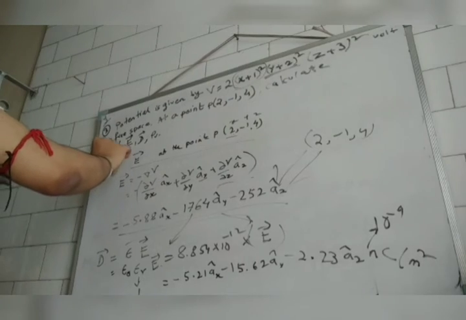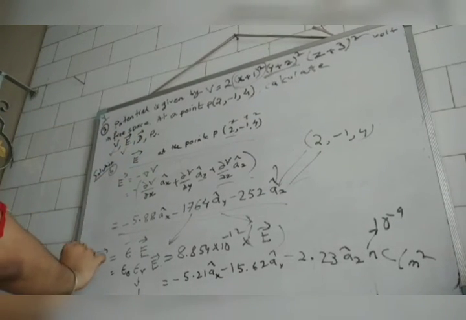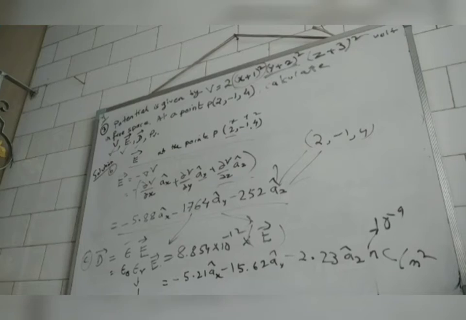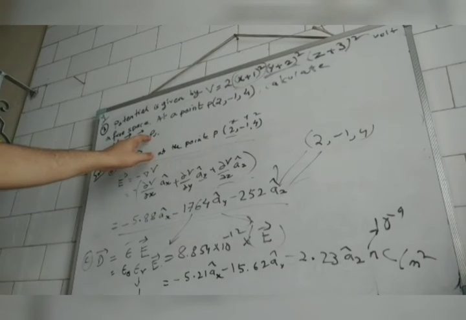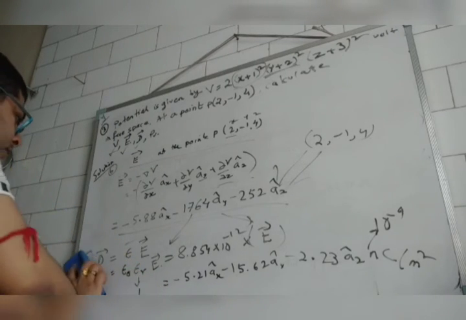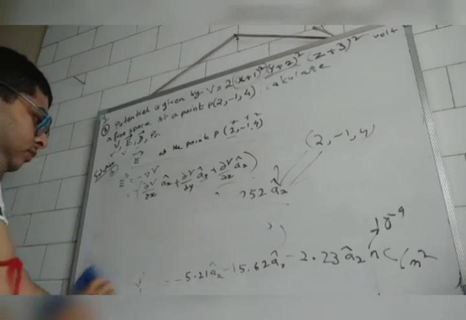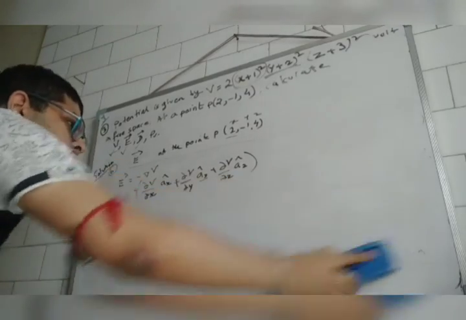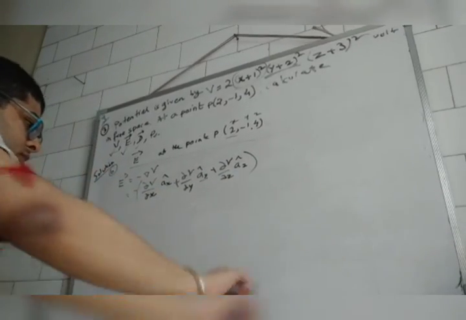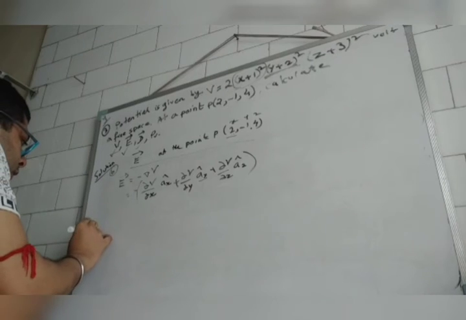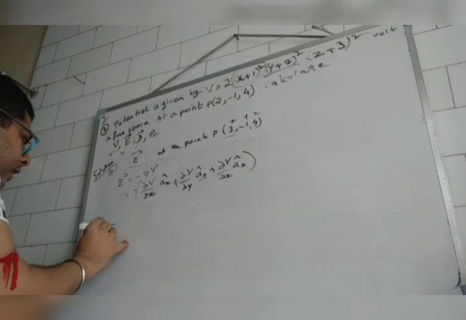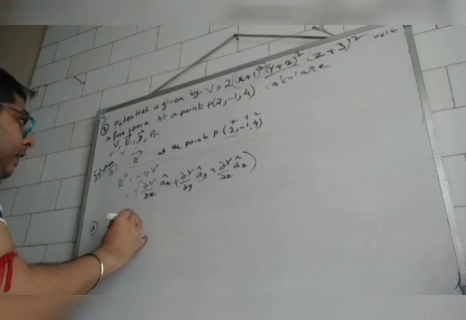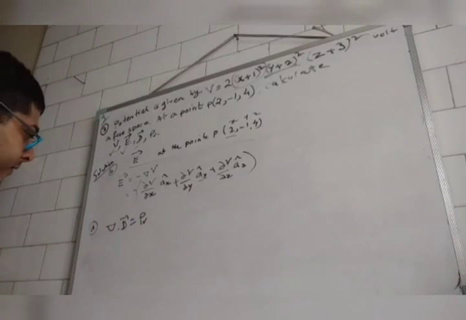So after this, we have calculated V, we have calculated E. So this is actually the part C. We have already calculated D. Now our last point is to calculate this rho V. Okay, so let us see what will be my rho V. To calculate the rho V, we know that del dot D is basically rho V. This is known to us.